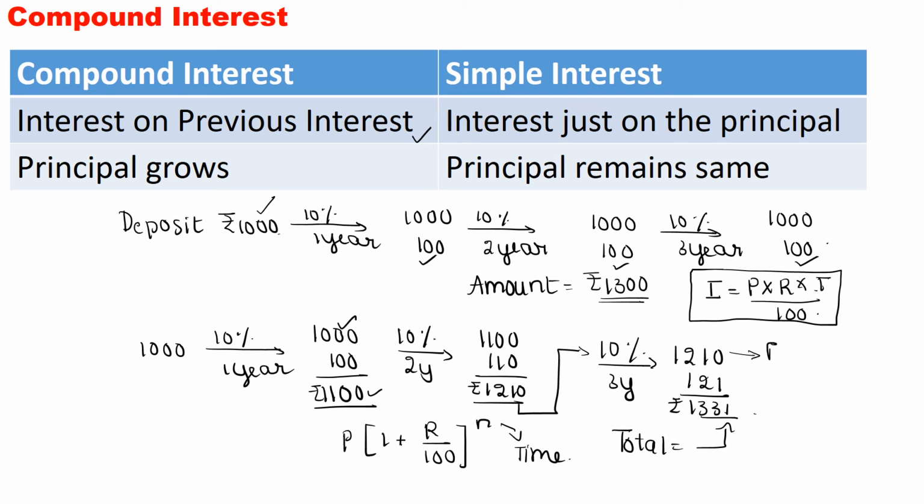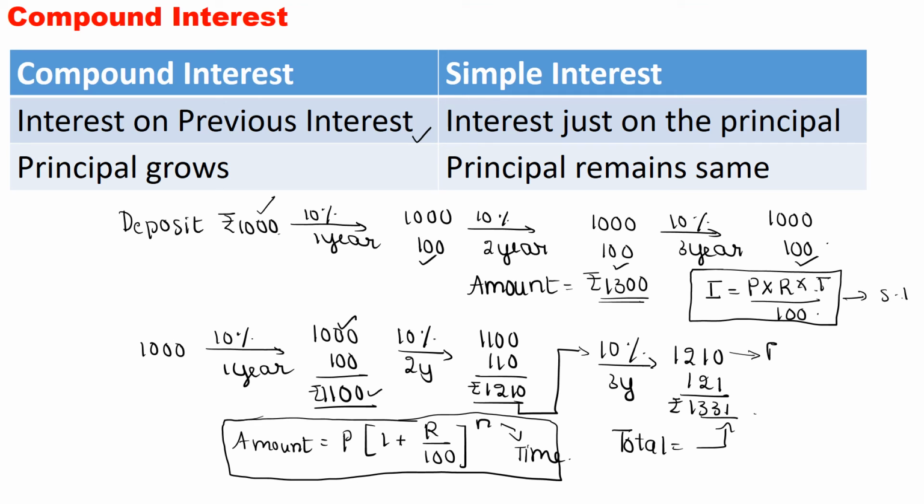To find the amount, we use this formula for compound interest. And this formula is for simple interest, SI, and this will be CI. So this was about compound interest.